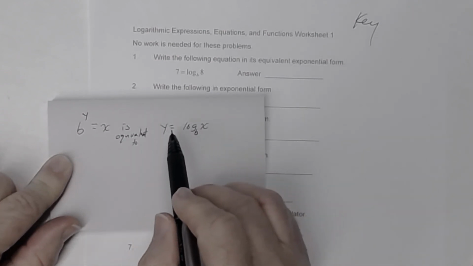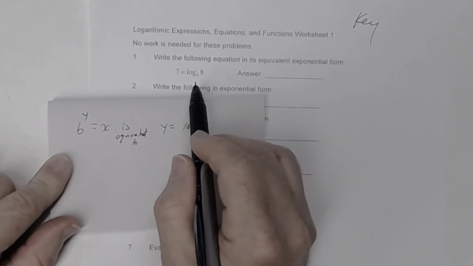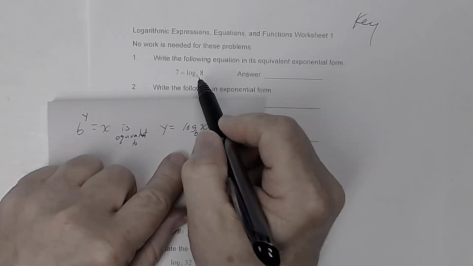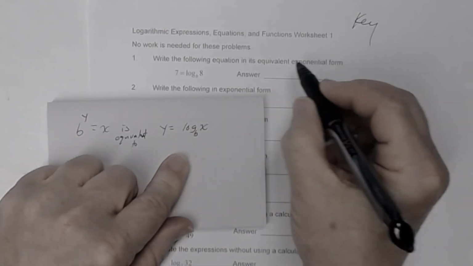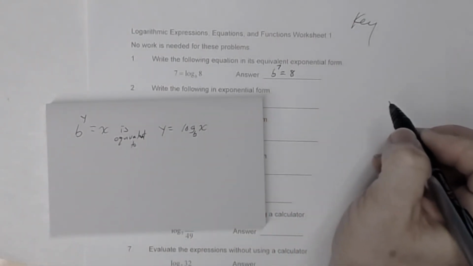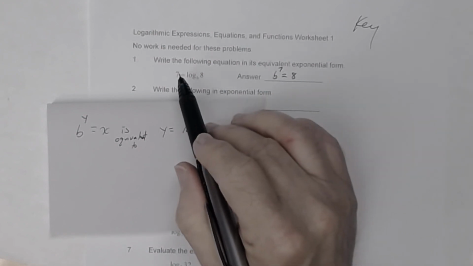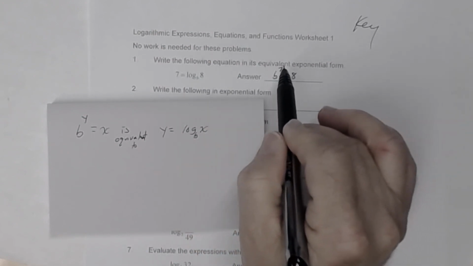So b to the y equals x. Over here, this is a b. So you're going to say b to the 7th power equal 8. And there's your answer.